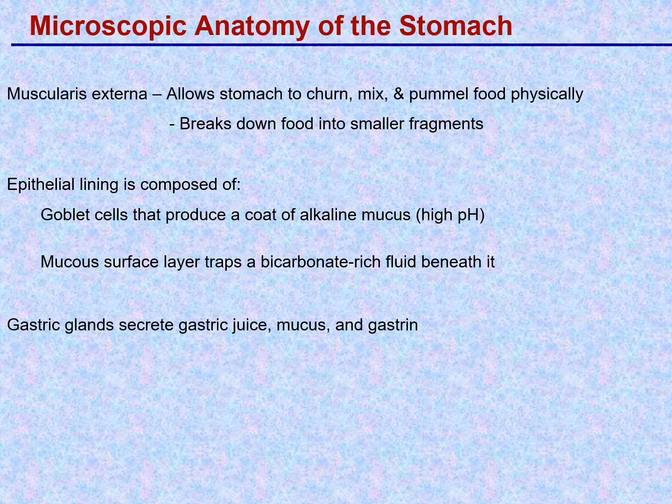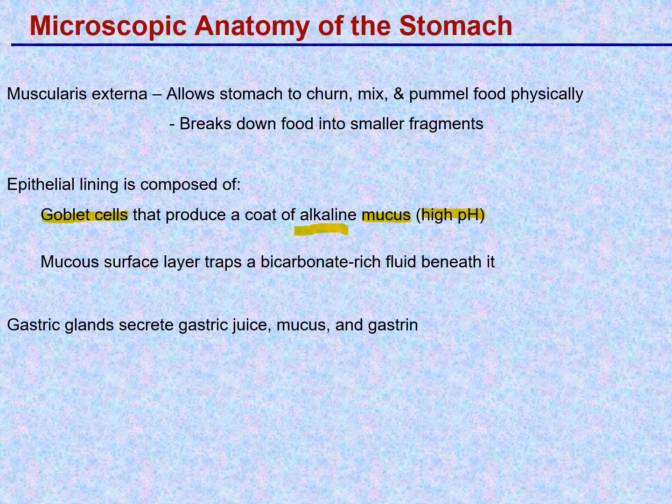Goblet cells are the cells that produce mucus. This is an alkaline kind of mucus. Further down in, you have the acid mucus secreting cells. There's a reason why it's alkaline. When it's alkaline, it has a high pH, obviously. This helps protect the surface epithelium of the stomach from the very acid hydrochloric acid.